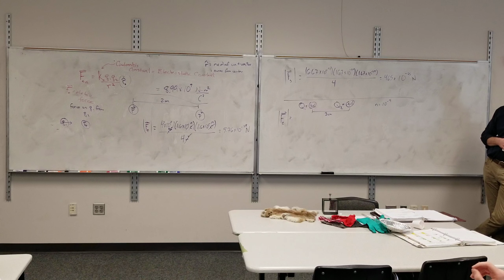I'm looking for the magnitude of the force on Q1 from Q2, or the magnitude of the force on Q2. The law says that the magnitude of the force will be the same on each, which I noticed on that multiple choice test, some people seem to forget.